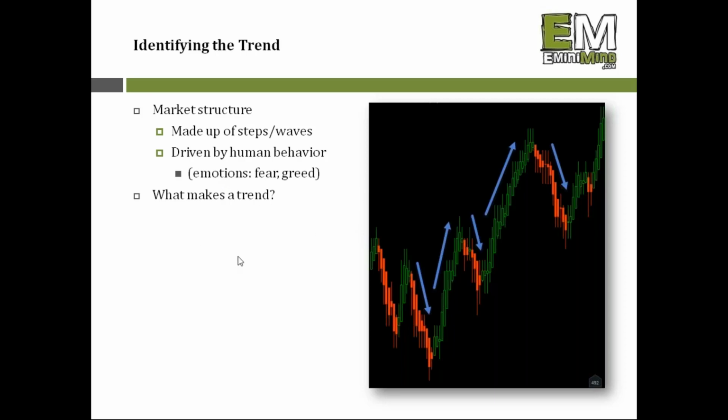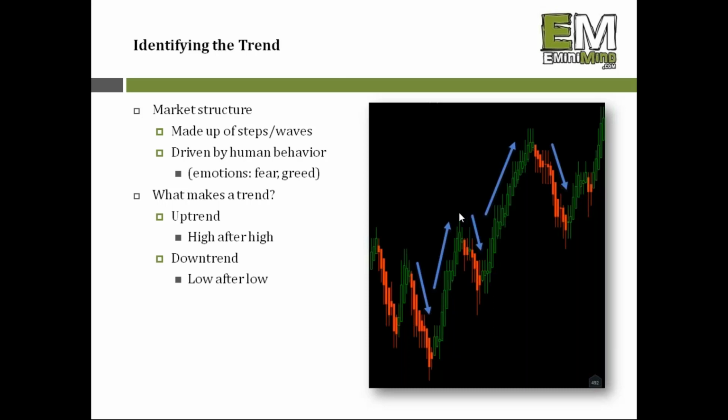And so what makes the trend at the very basic level is higher highs and higher lows for an uptrend and lower highs and lower lows for a downtrend. And while that's super basic, a great exercise is to print out a 5-minute or a 15-minute chart of whatever market you're trading and go through and mark the highs and the lows and kind of identify, well, this high, how does it relate to the previous high?